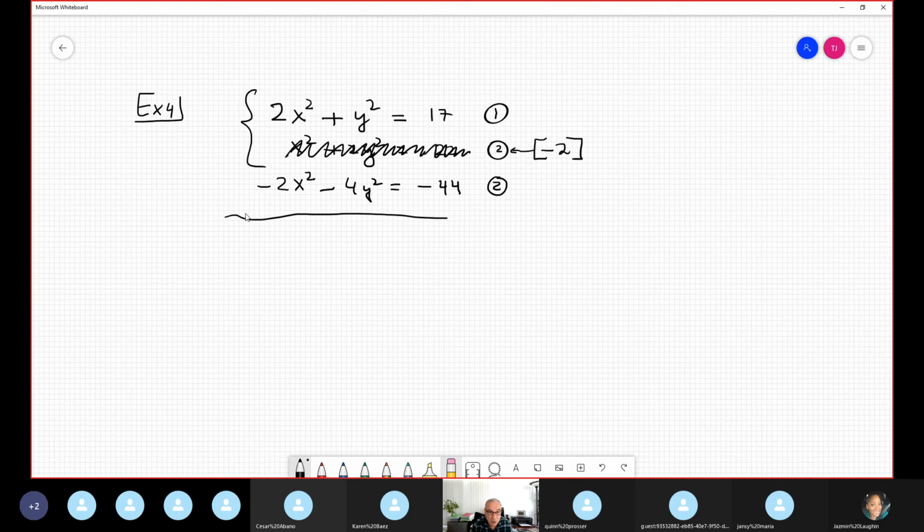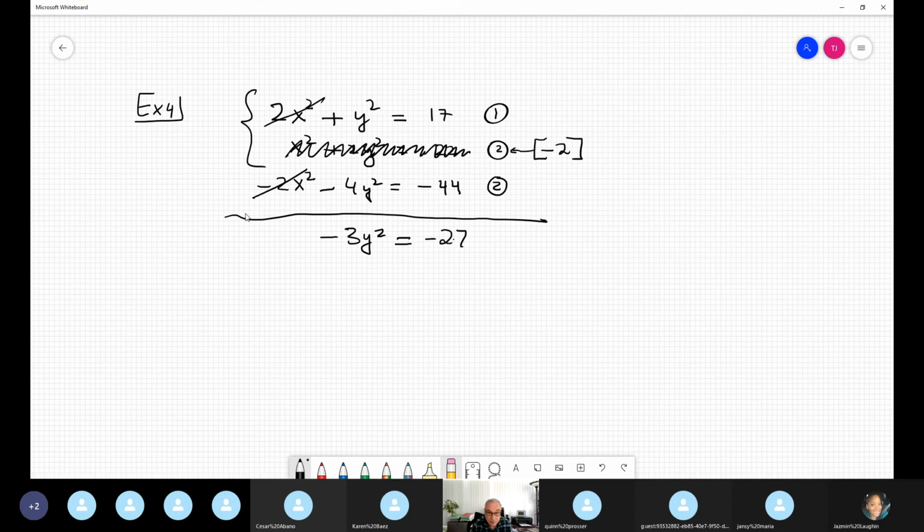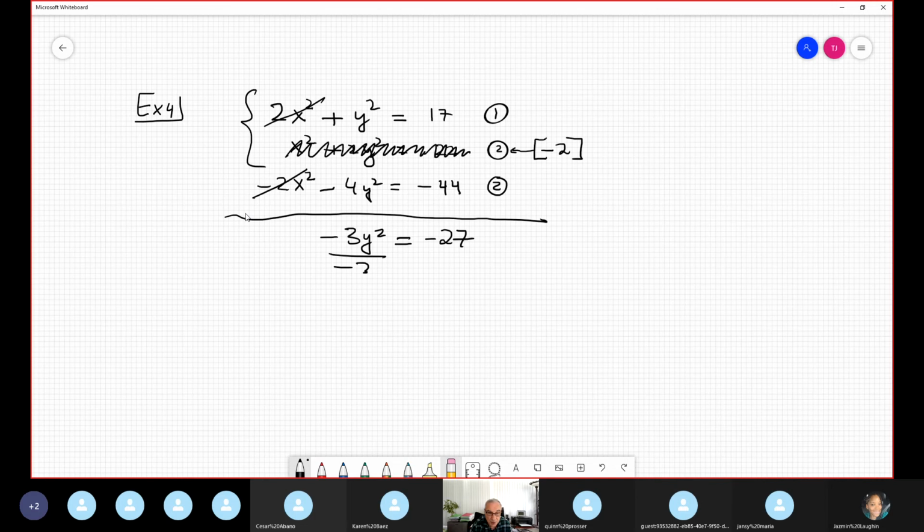I focus on equation 1 and the new equation 2. This cancels out. This is -3y squared equal -27. Divided by -3 both sides, y squared is equal 9 positive.